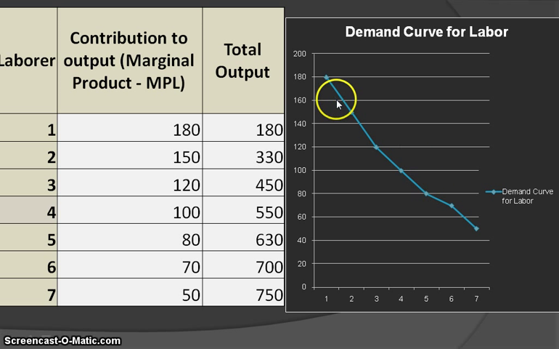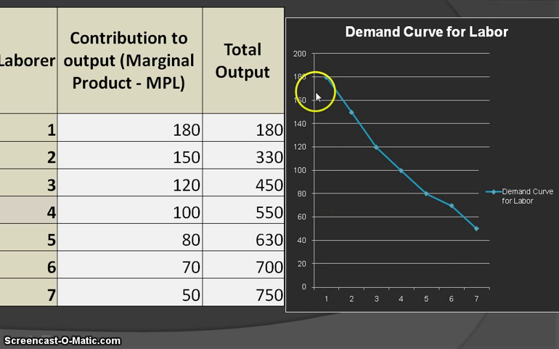And the rationale is simple. As a firm hires more and more workers, the real wage that the firm has to pay to acquire that worker gets less and less, which means the lower the real wage, the more firms demand.